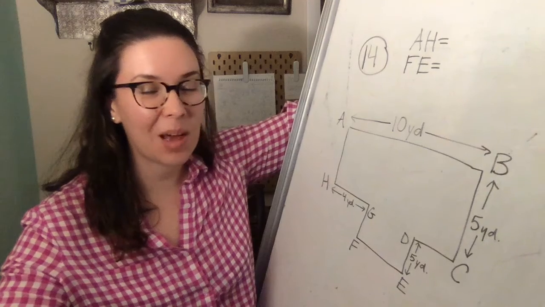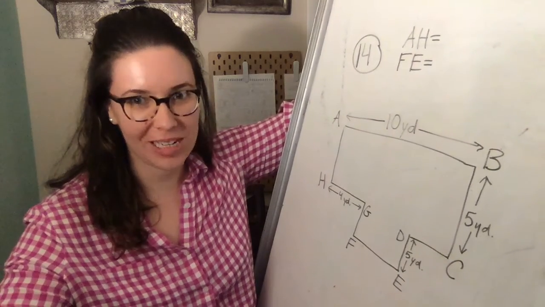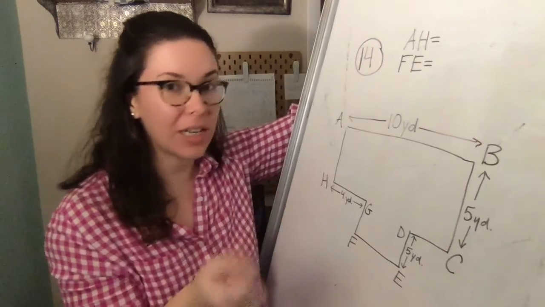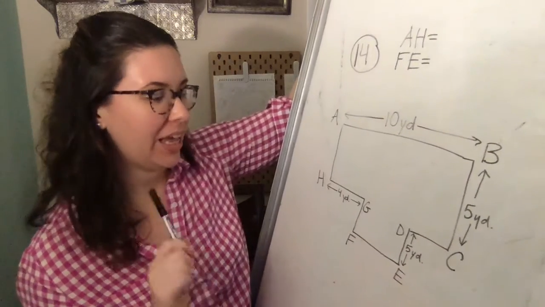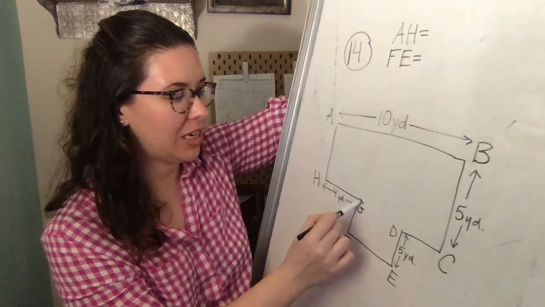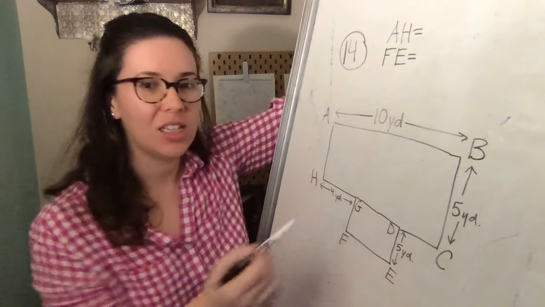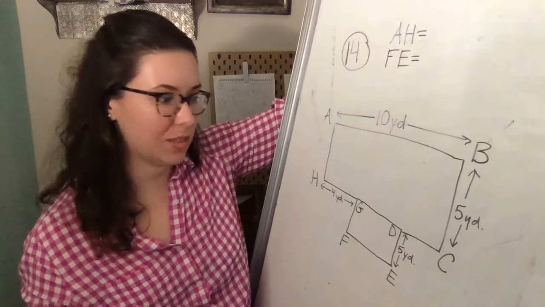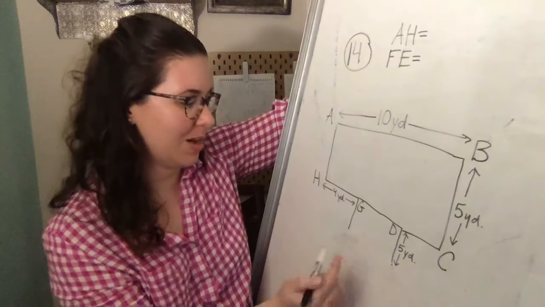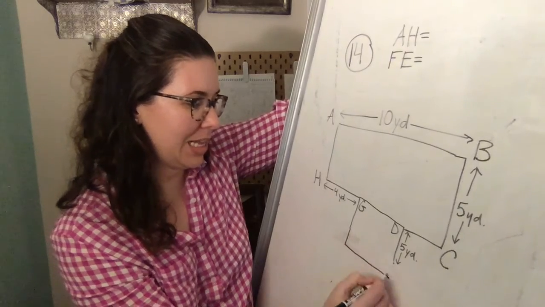All right, guys, we got that one last one, number 14. So they tell us that this figure is made up of a rectangle and a square. And we practiced this before where we have to put in a line to show which one's the rectangle and which one's the square. Now, I have not drawn this to scale, so I'm going to do a little bit better.